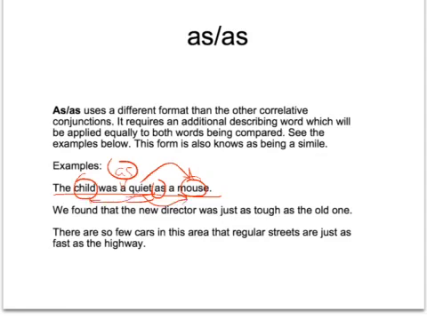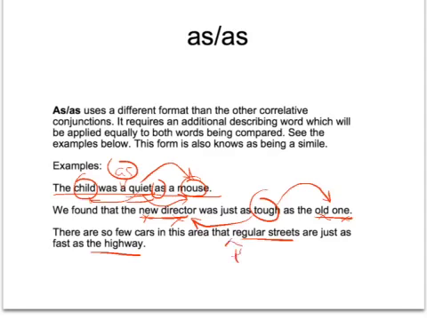The next one. We found that the new director was just as tough as the old one. Okay? You've got an adjective, new, adjective, old, noun, director, noun, one, and so they're basically of equal value, and they are both tough. The old one's tough, the new one's tough. The next one. There are so few cars in this area that regular streets are just as fast as the highway.